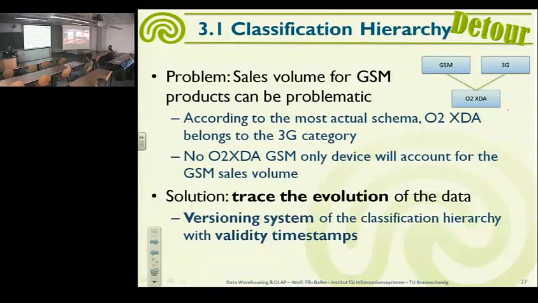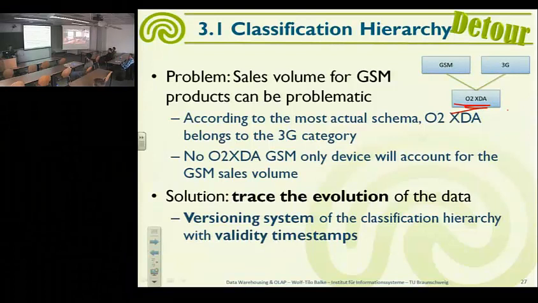And now let's look at these two particular problems. What can we do? In the problem that we had, this article now falls under two product families, the GSM and the 3G. Well, the solution we can borrow from the file system, and this is what we've been doing all the time in computer systems, which is basically a versioning system.